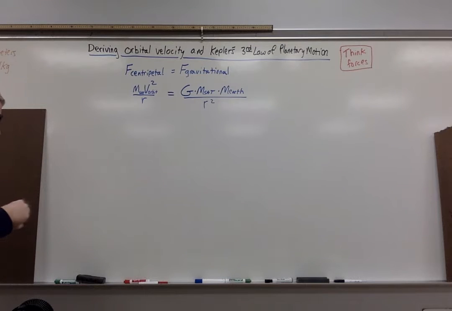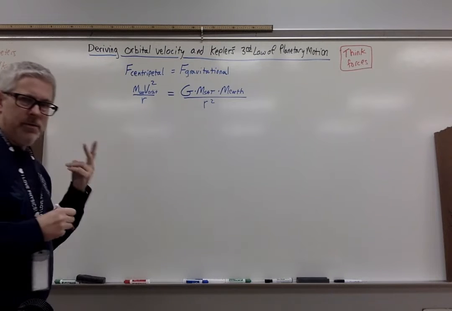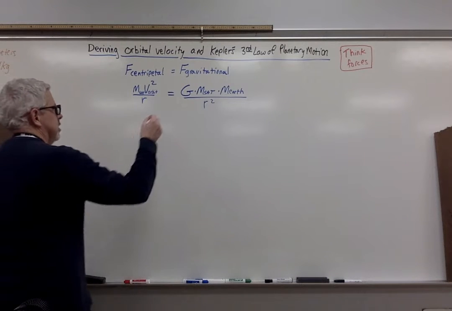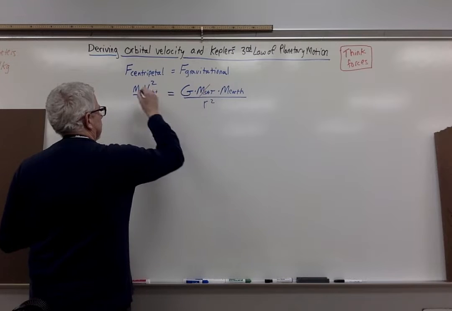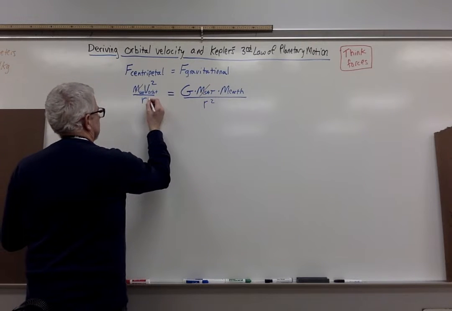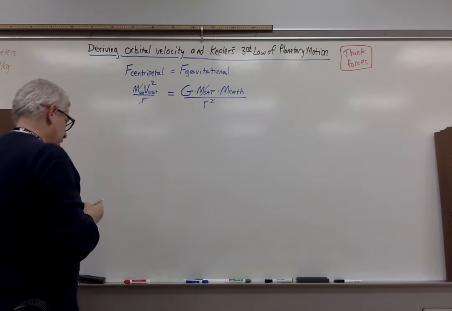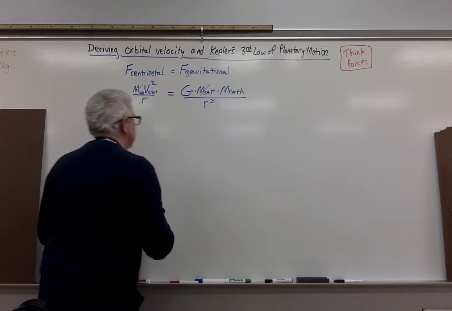So if Garrett Cox is looking at this, he's going to be excited because he likes when mass cancels out. And in fact, at least one of these masses cancels out on each side. That's the mass of the satellite. The other thing is one of these r's cancel out as well. So I'm pretty close to getting this derivation already.